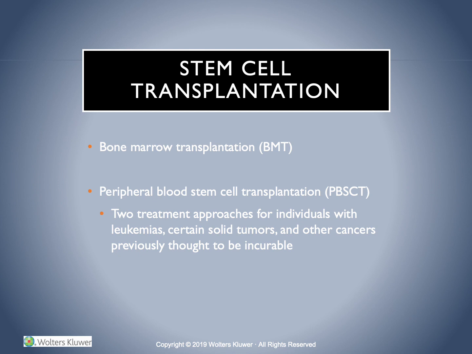Since they are genetically identical, there is no risk of rejection. So what are some of the indications for stem cell transplantation? It's primarily used to treat certain types of cancer such as leukemia, lymphoma, multiple myeloma, and some solid tumors.